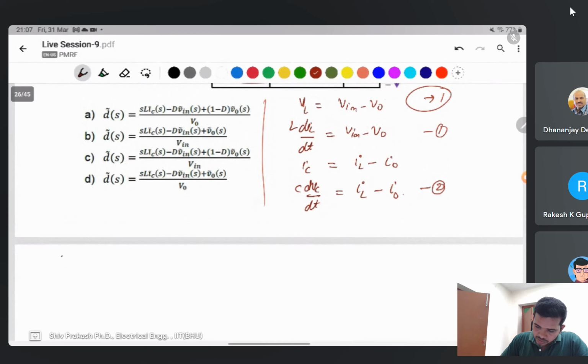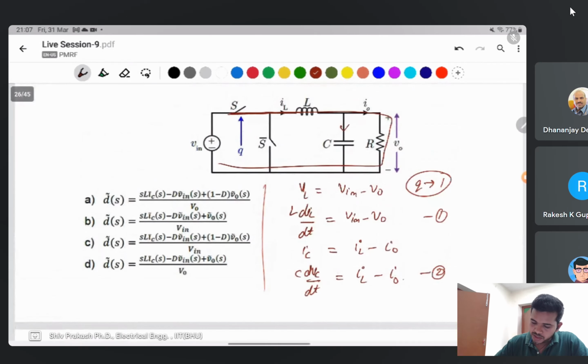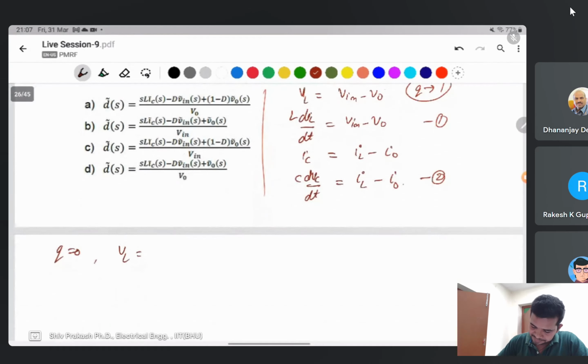Then when the switch is off, Q is equal to 0. Then the inductor voltage appears as minus V naught, that is L dIL by dt.